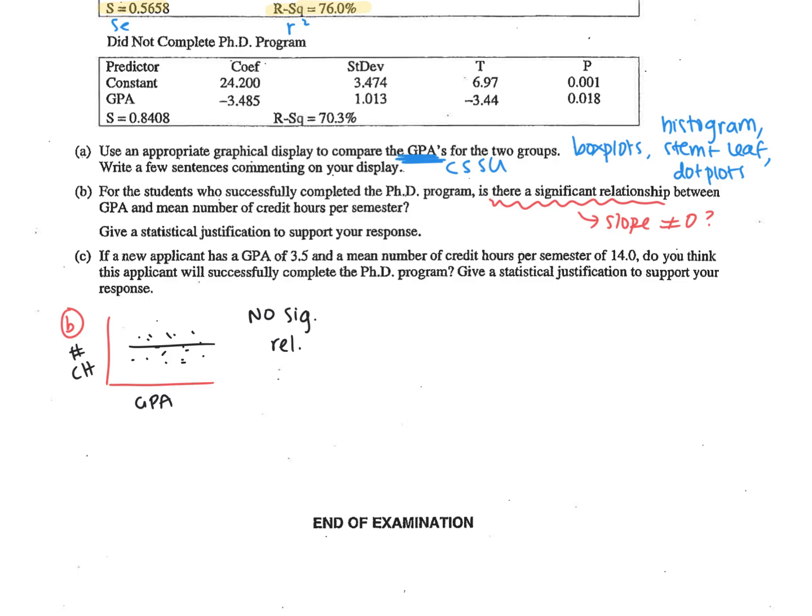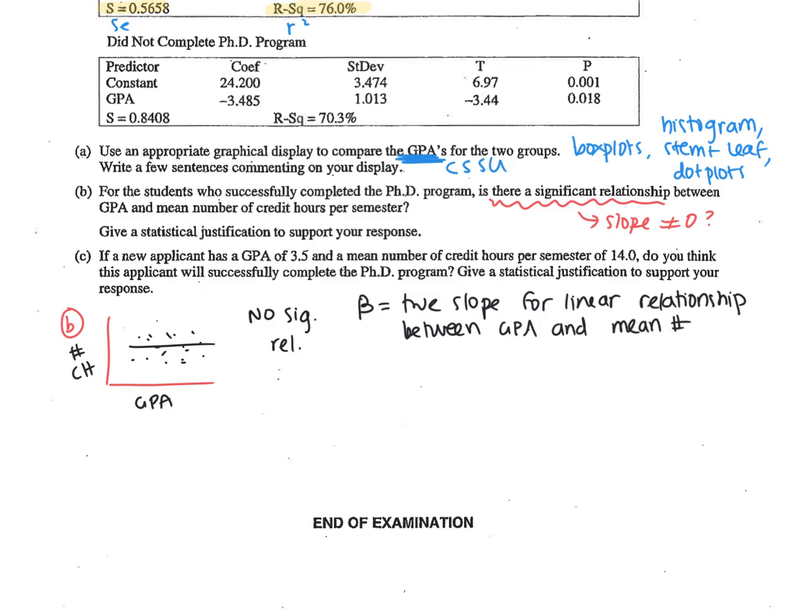Okay, so here's what we do. Beta is the true slope for the linear relationship between GPA and mean number of credit hours per semester for all students that complete the PhD program.